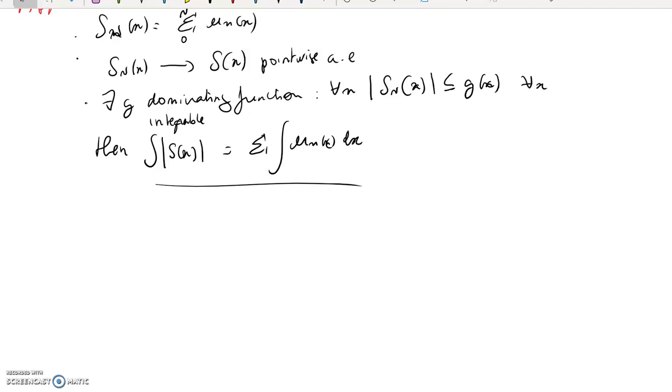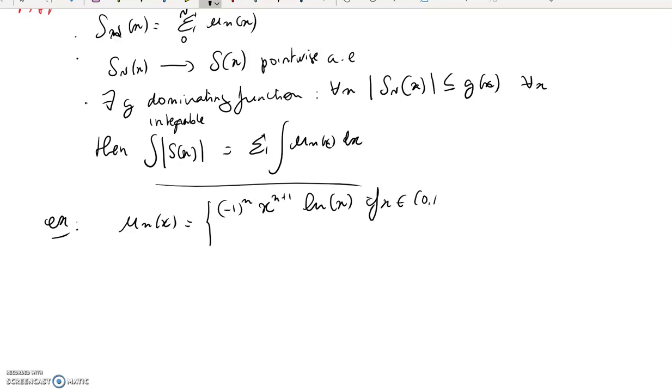So let's have one example. Let's put un of x equal to (-1) to the n times x to the n plus 1 times the log of x if x is between 0 and 1, and 0 otherwise. And of course that's a sequence which alternates the sign.